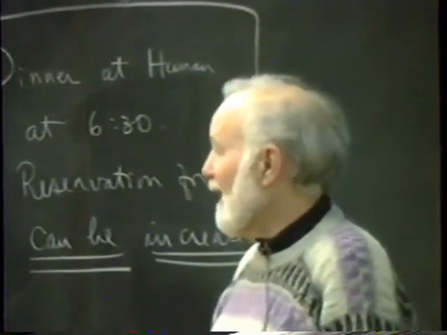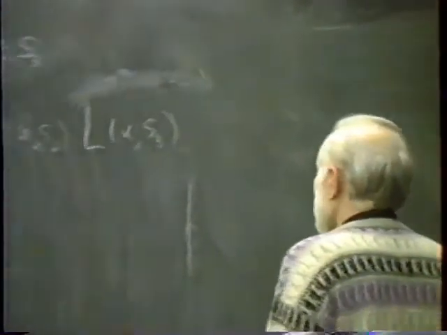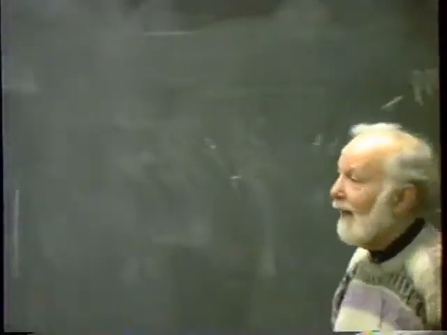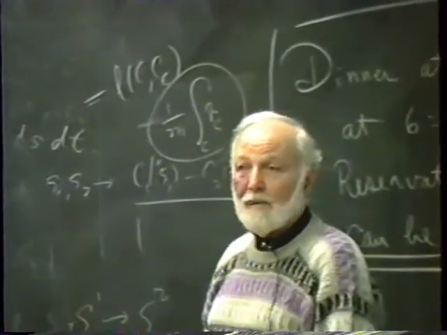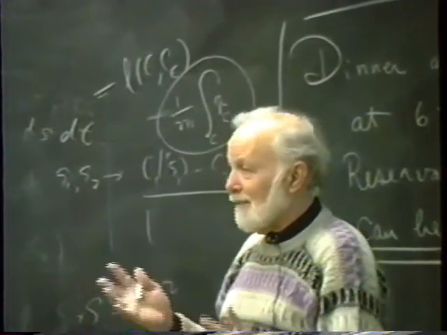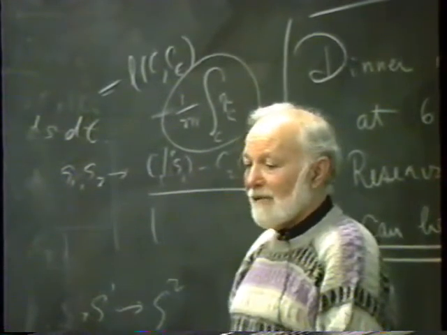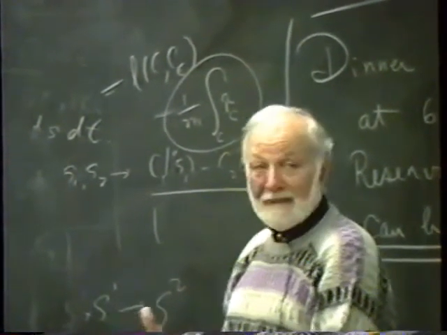The big thing is that even though the L's have singularities, you end up with something which is integrable, well-defined, and in fact, if you put the diagrams together, we'll add them up as with the usual weights, you end up with something which is independent of the metric and independent of perturbing the curve.